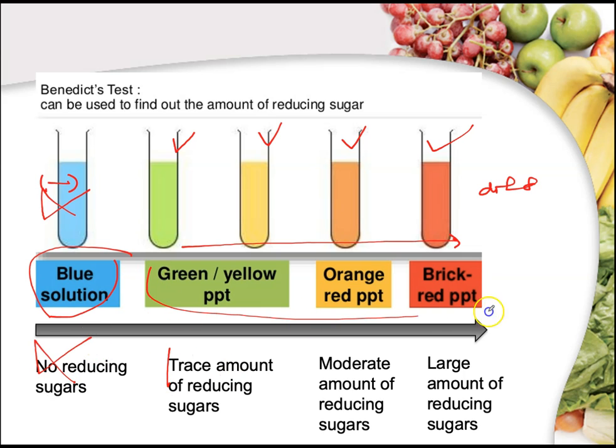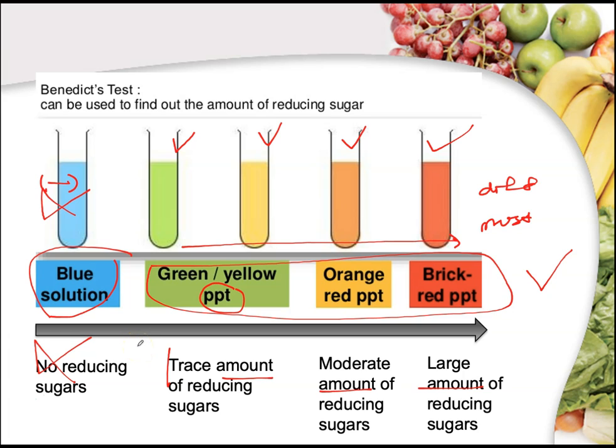Any other colors after that tell you that reducing sugar is present, but the amount of reducing sugar is different. Brick red means the highest amount of reducing sugar is present in your brick red PPT. So what does PPT stand for? It means precipitate.